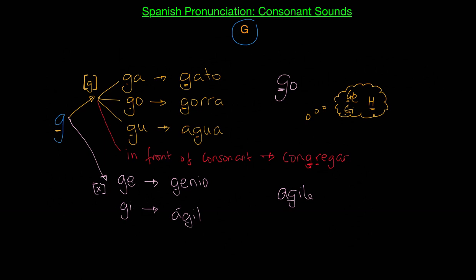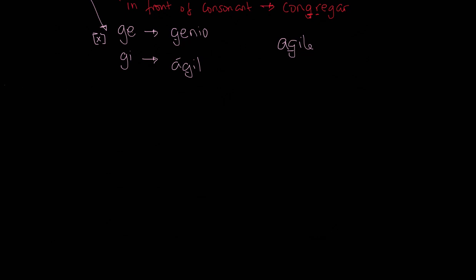Okay? So, some of you might be wondering, what happens if I want to say ge and gi? Because so far I've got ga, I've got go, I've got gu, but I don't know how to do ge and how to do gi.